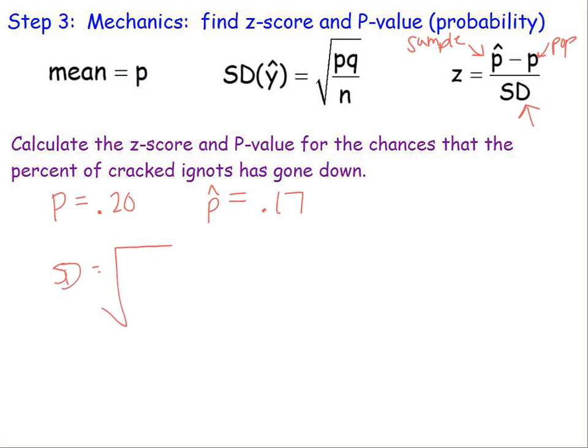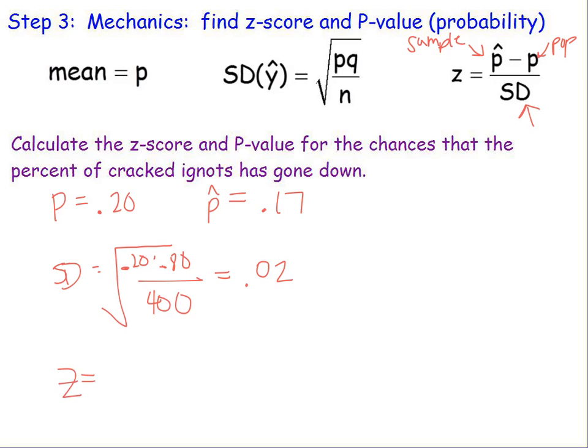So p is 0.20 times 0.80 divided by, and our sample size was 400. And so if you type that in the calculator and you round, I get 0.02. So now we need to calculate our z-score using our little formula.